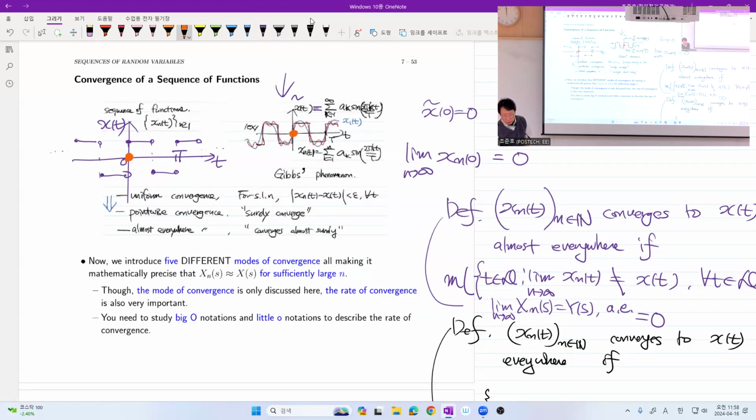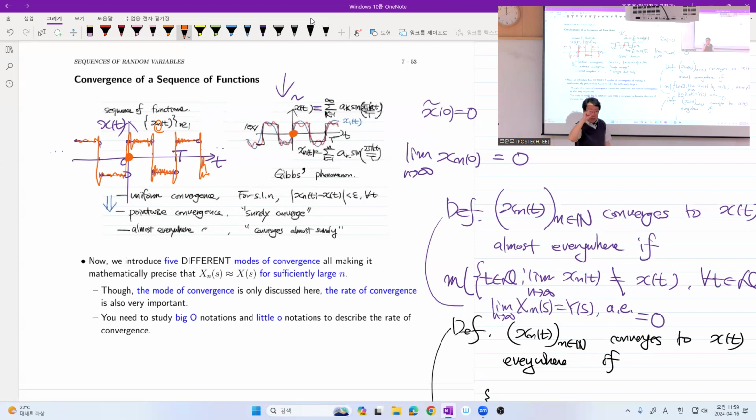For example, if you choose a very large value n, for all continuity points you are guaranteed to converge, but around the discontinuous points, whatever large n you have, your error does not decrease.